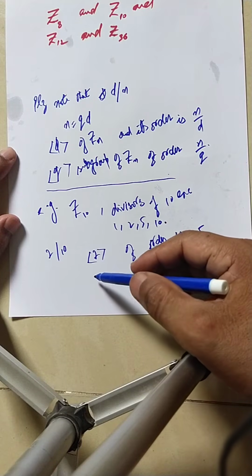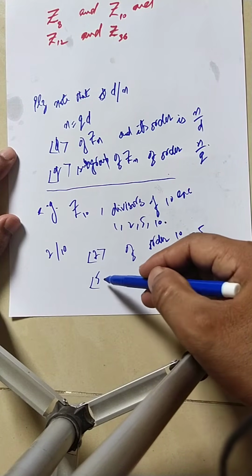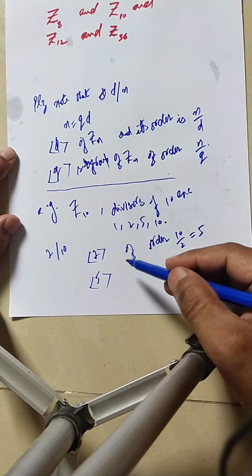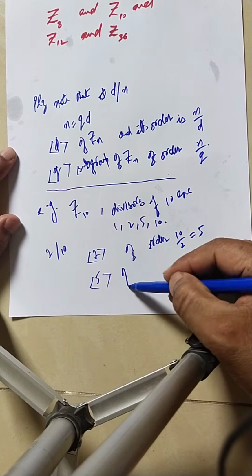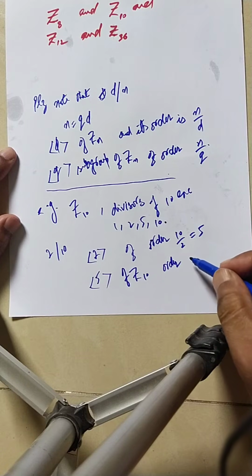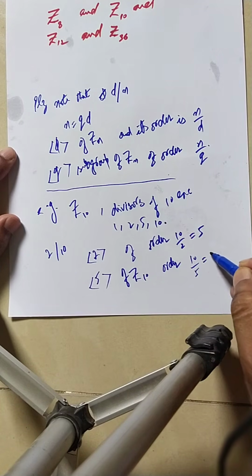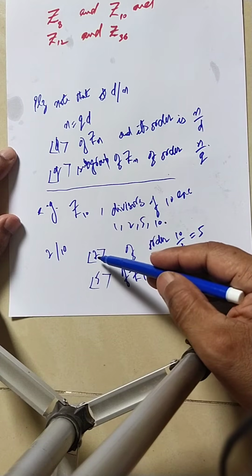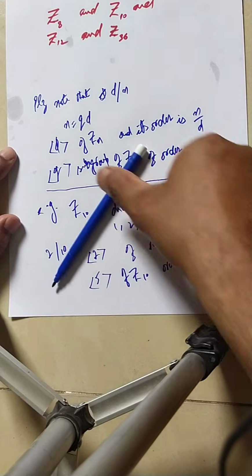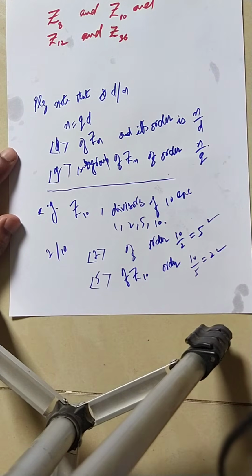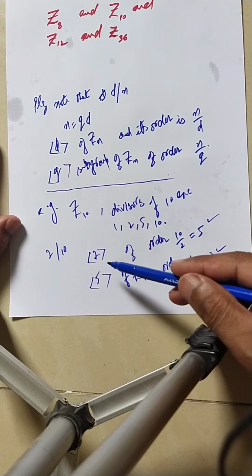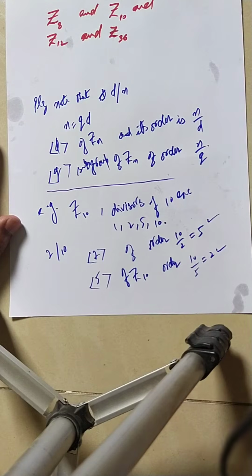Similarly, the ideal generated by 5 is another ideal of Z10 and its order will be 10 by 5, order 2. For the ideal generated by 2, its order will be 5. For the ideal generated by 5, its order will be 2. Both of these are additive subgroups and also ideals, and these are principal ideals.